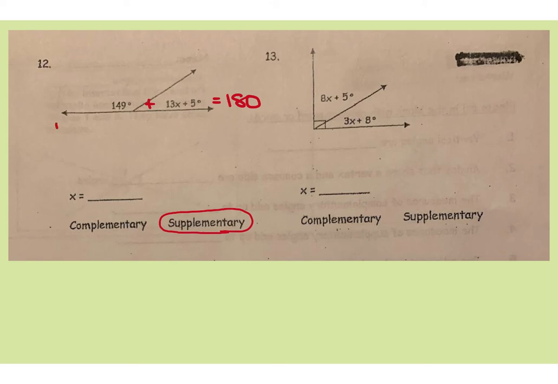Good. We'll leave the 13x. And if you combine the 149 and the 5, what does that give you? 154. And it's going to equal the 180. So we're back to our equation solving.